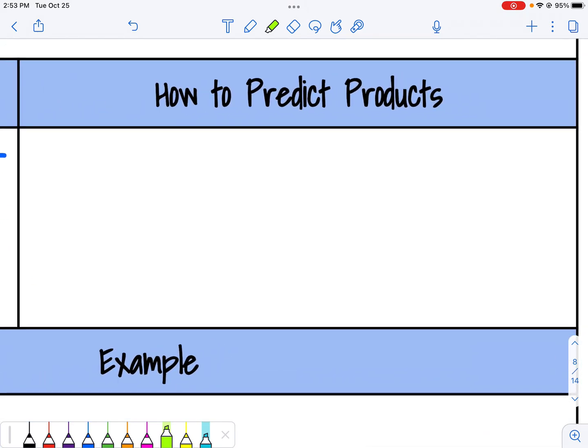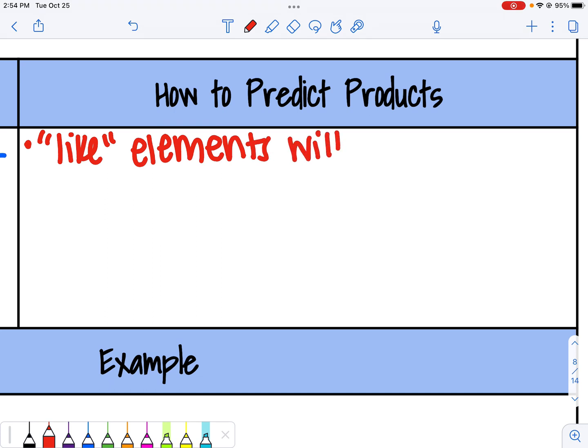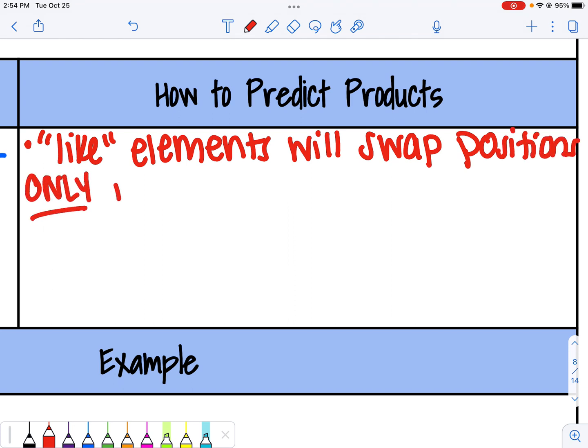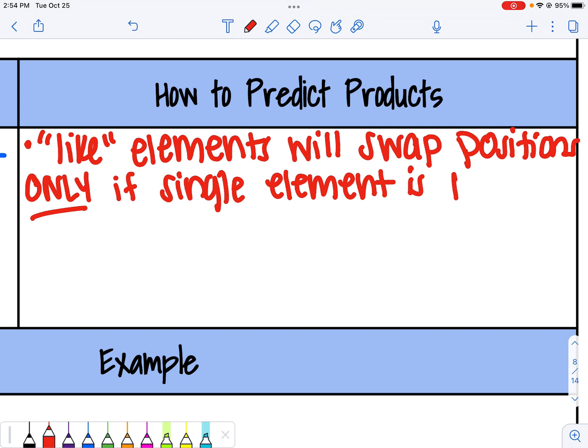So how are we going to predict the products for these? First thing to note is your like elements will swap. And they'll swap positions only if your single element is more reactive.